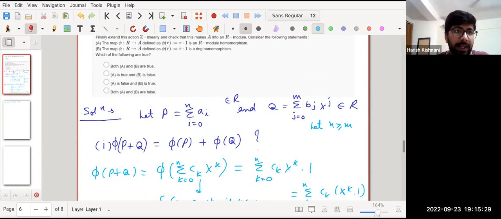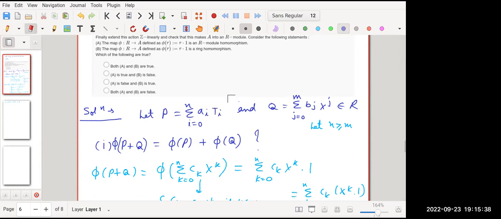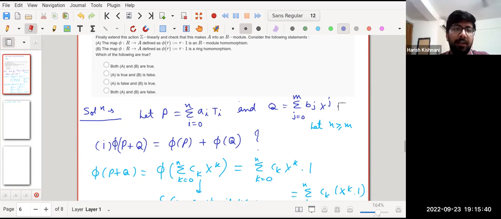Now there also it's a finite sum, but instead of xi, we need to take ti. Yes sir, so that will be from A. Ring of infinite indeterminates means you have infinitely many variables, but at a time you will consider only a finite sum.